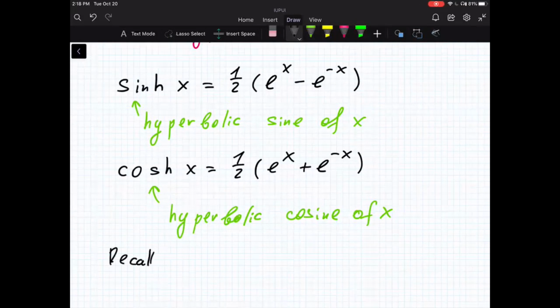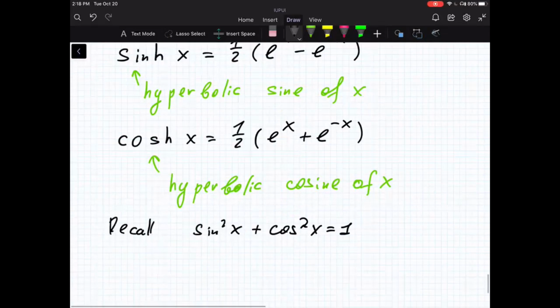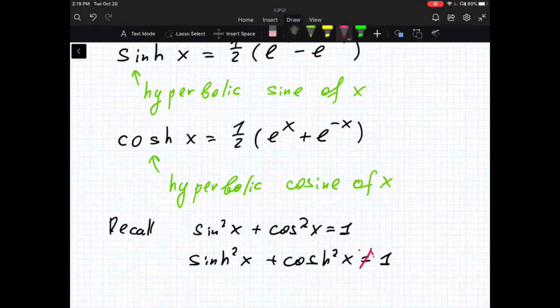Recall that we had sine squared of x plus cosine squared of x is equal to 1. And in some sense, you want a similar formula, but unfortunately, it is not straightforward. Hyperbolic sine squared of x plus hyperbolic cosine squared of x will not give you 1.